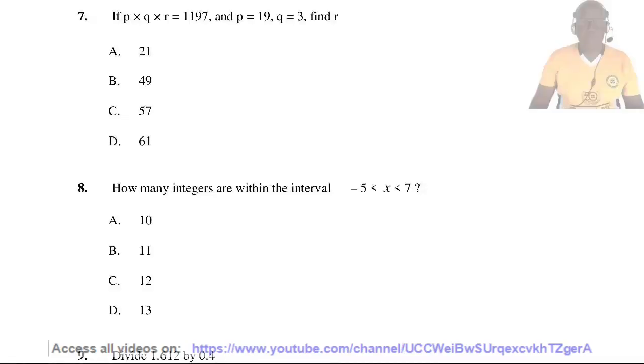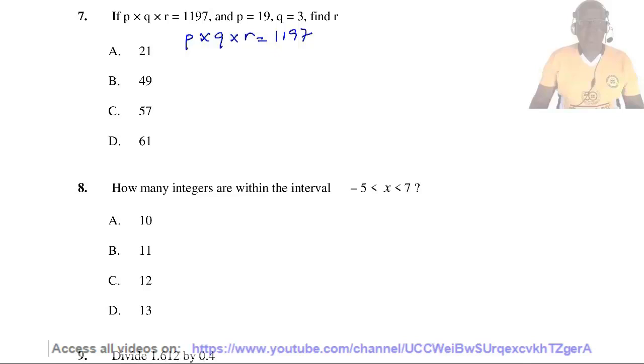Question 7. If P times Q times R equals 1197 and P equals 19, Q equals 3, find R. That is P times Q times R equals 1197.